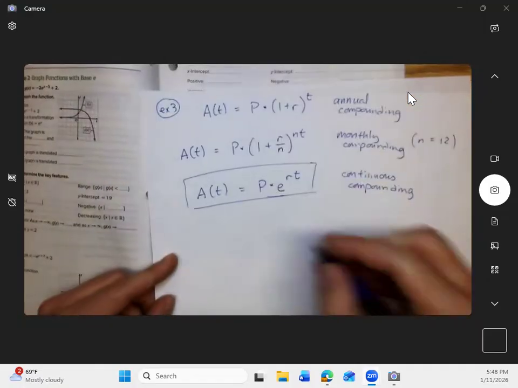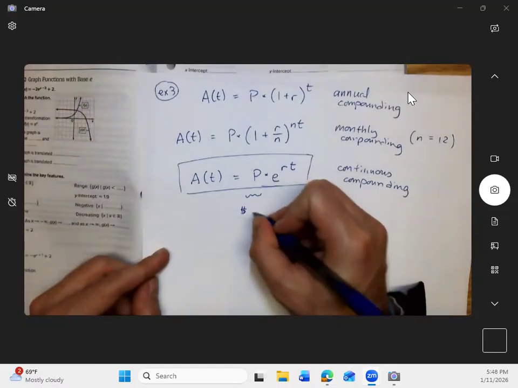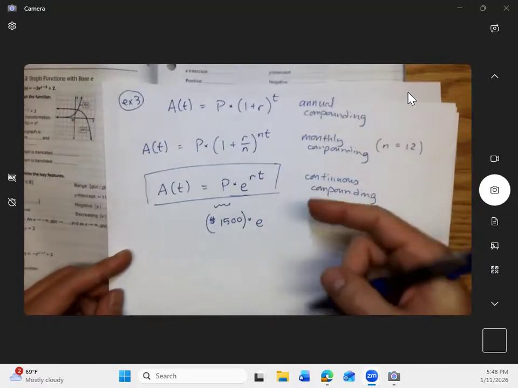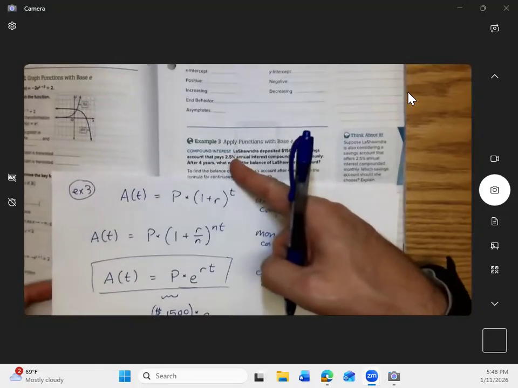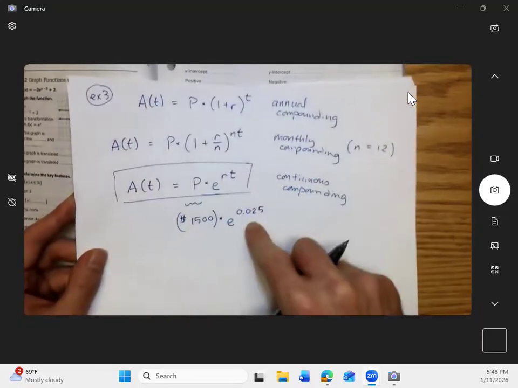So for this particular example, they're calling the principal $1,500. So that's $1,500 times e, which is 2.718 something, to the r. Now, remember, if the interest rate is 2.5%, as a decimal, that's 0.025, which is the number that goes in the calculator.